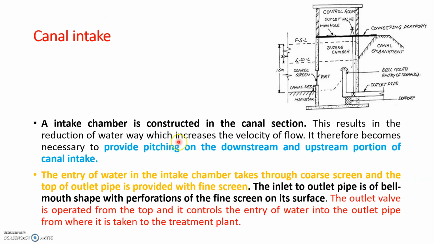Okay, so here what we are seeing is there are majorly 4 types. One is reservoir intake, one is lake intake, one is river intake, one is canal intake. So intakes are nothing but those structures which allow the water to flow through them, and you pump the water from those intake structures in a safe manner itself.